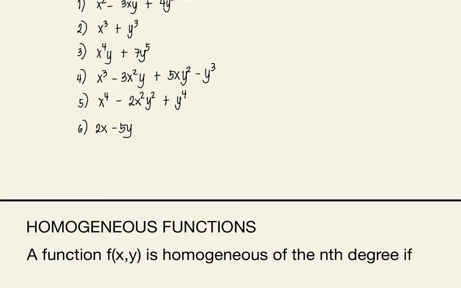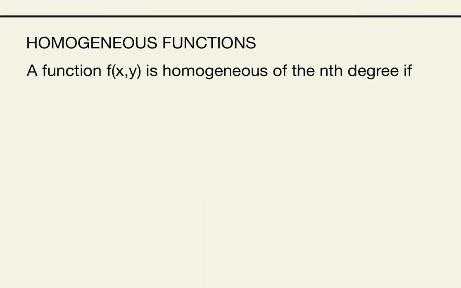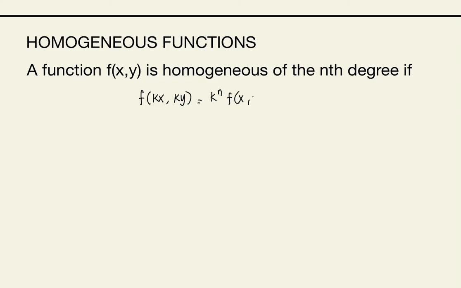Now, if we talk about functions, a function f of xy is homogeneous of the nth degree if it can be written such that f of kx, ky is equal to k to the power of n f of xy.